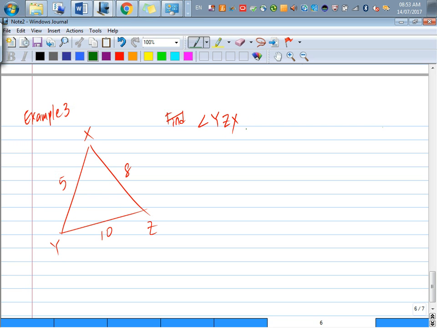Let's find this angle YZX. So you need to practice how you change your cosine rule. Instead of ABC, change it to XYZ.